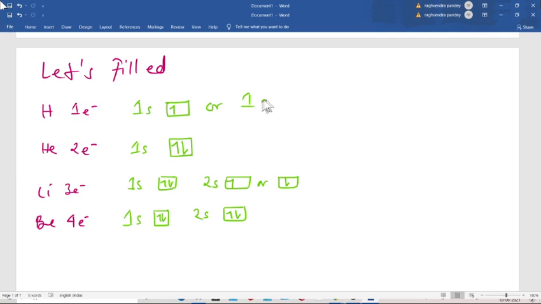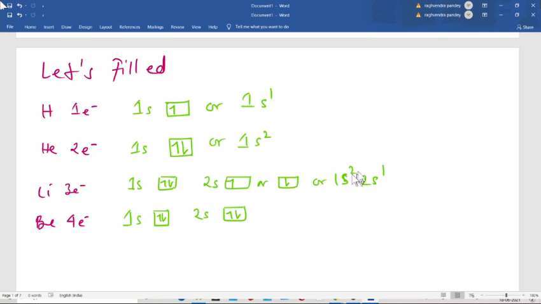It is written as 1s1. 1s has 1 electron, so it is 1s1. Then helium, we can write as 1s2. 1s has 2 electrons. Lithium, we can write 1s2, 2s1. 1s2 has 2 electrons, 2s has 1 electron.